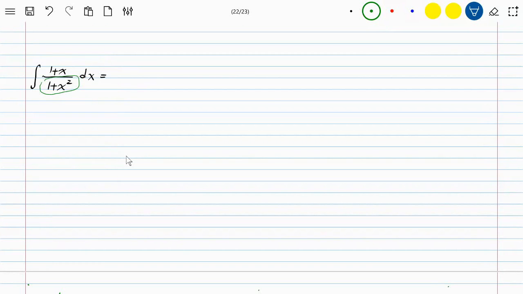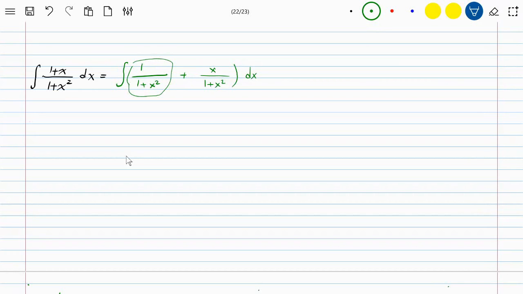So you cannot say this is simply tan inverse. So what I can do is write this as this. There is a common trick. It can be written as 1 over 1 plus x squared plus x over 1 plus x squared. This is just the sum of two terms.